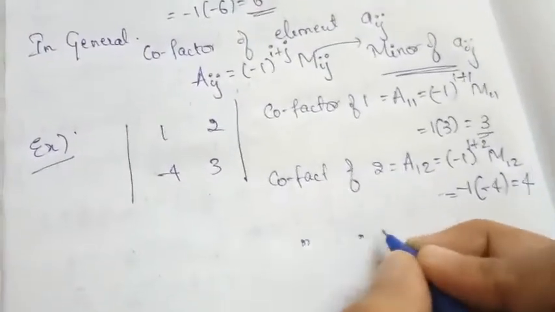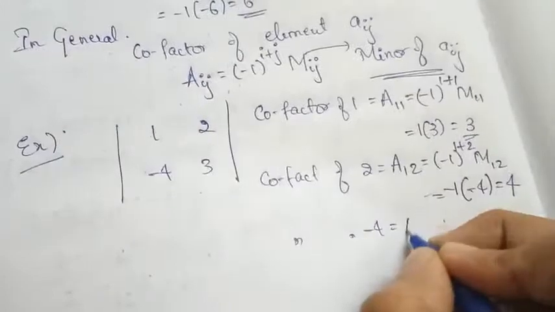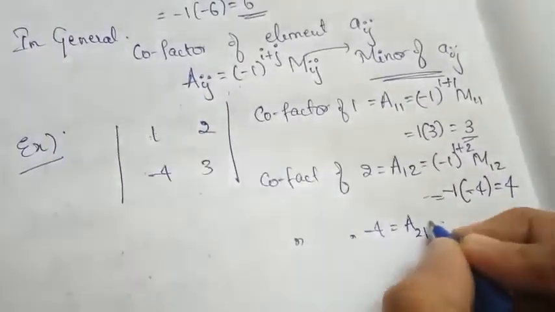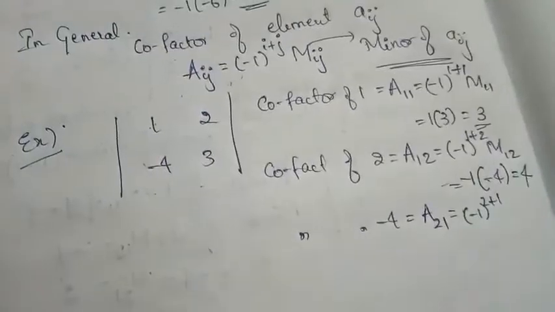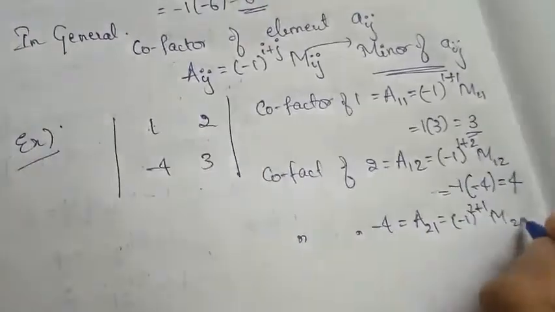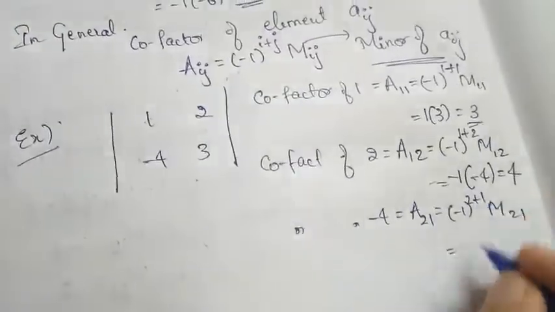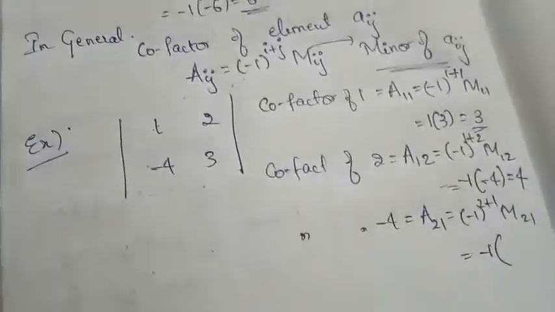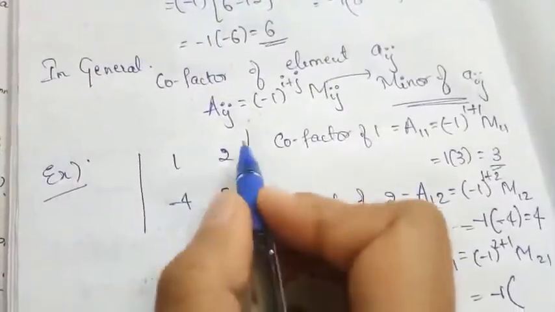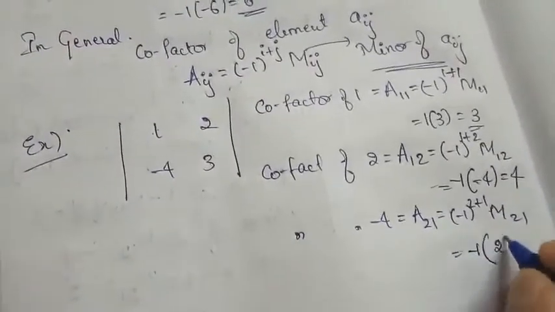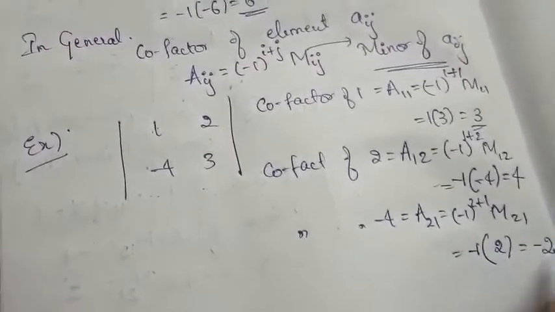Again, cofactor of minus 4. It is where minus 4 is lying, in the second row, first column. So minus 1 to the power 2 plus 1 into M21. Minus 1 to the power odd number is again minus 1. M21 is nothing but deleting the row and column containing minus 4, it is 2. So A21 is minus 2.